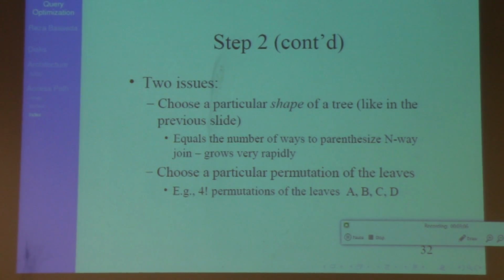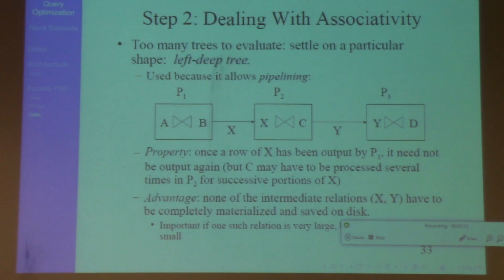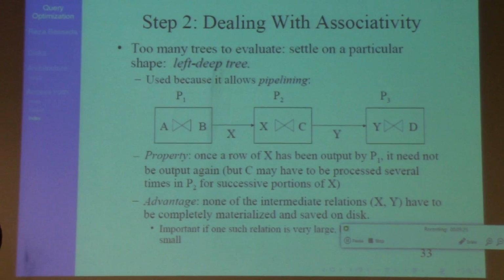So we have too many possible trees. What should we do? Which plan should I take? One with low cost. We learned about pipeline, right?